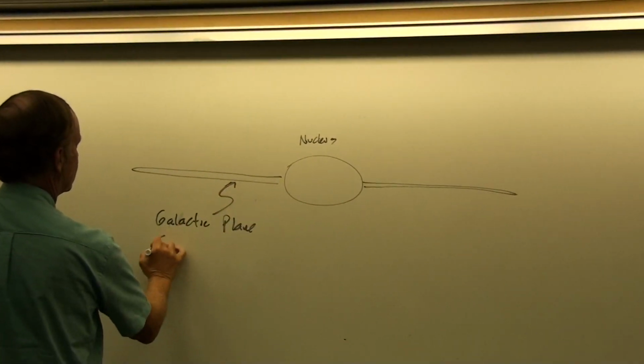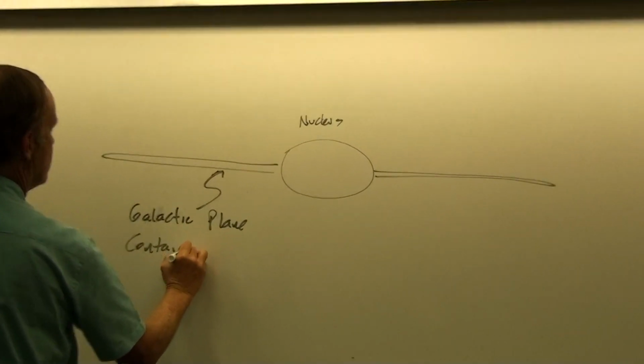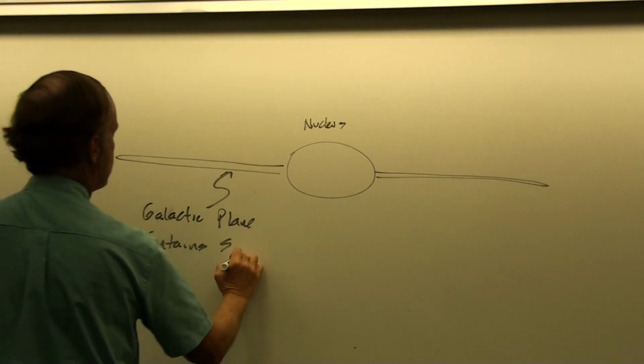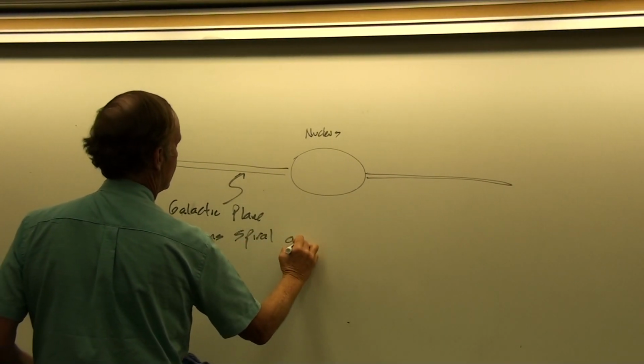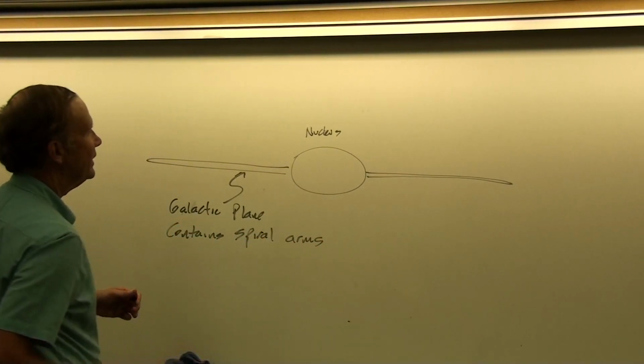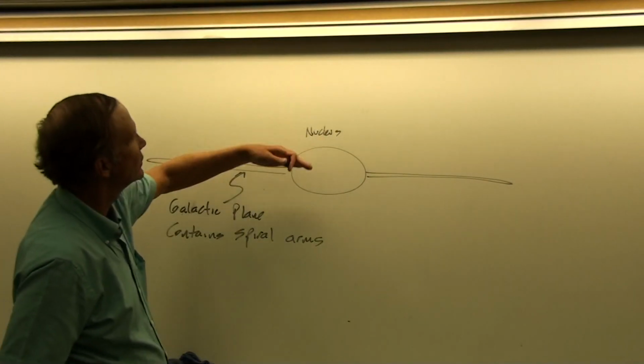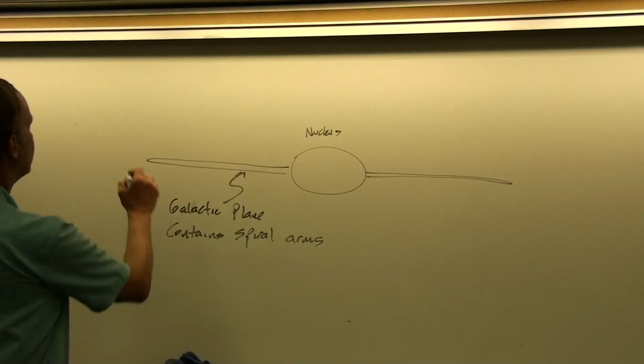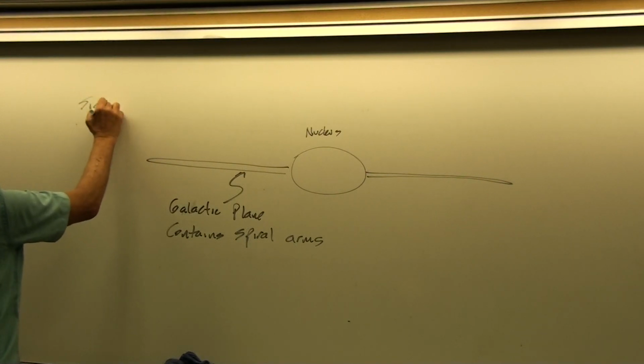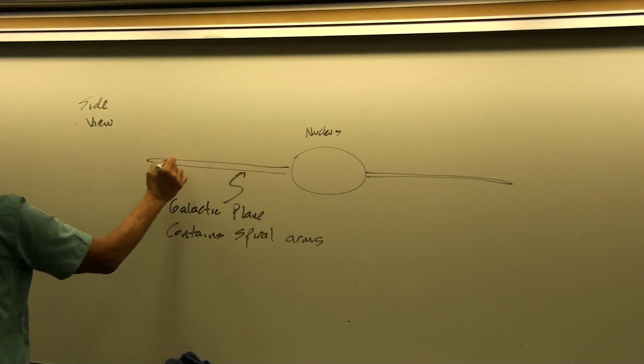And this contains the spiral arms, but looked at from a side view. So looking at it from a top view, we see the spiral structure, but looked at from a side view, we see a planar structure.